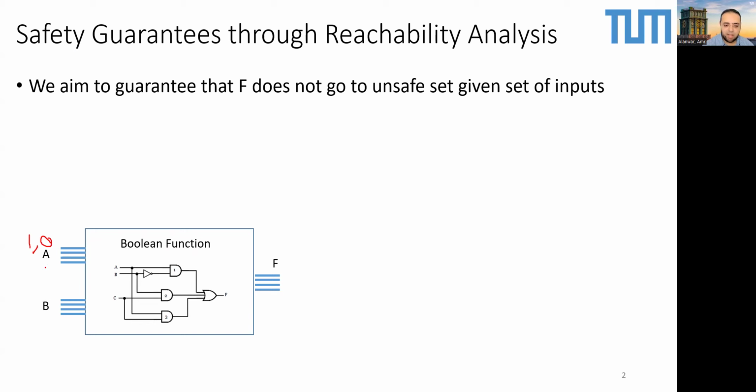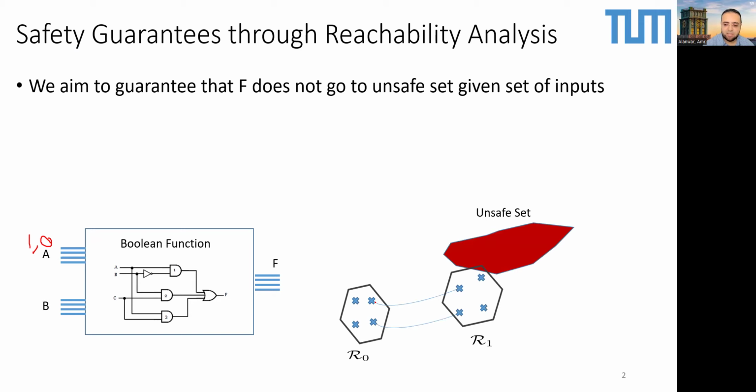And given that we have uncertainty on the input, the output will be uncertain and will consist of a set of points. We would like, as usual, to propagate the set of points and check the intersection with the unsafe set. We call this, as you know, of course, reachability analysis. But how to represent sets of points in a discrete manner and how to propagate them forward, this is the question of the talk.